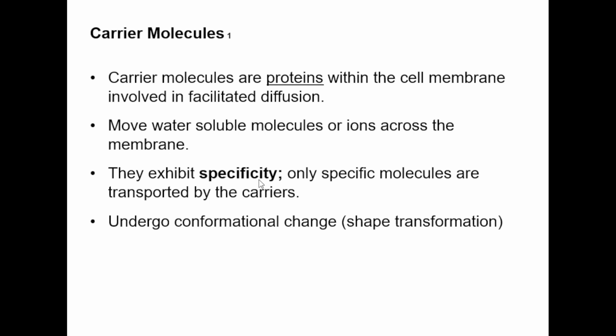Each carrier molecule will only allow a specific molecule to pass through. That's the first important information about carrier molecules. The second important information is that they undergo conformational change. What's the meaning of that? It means they undergo shape transformation.